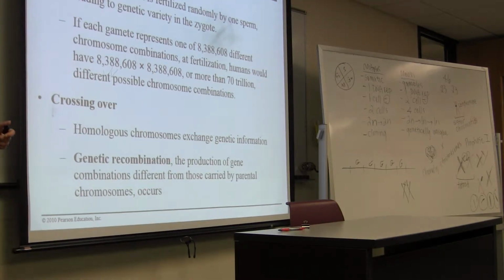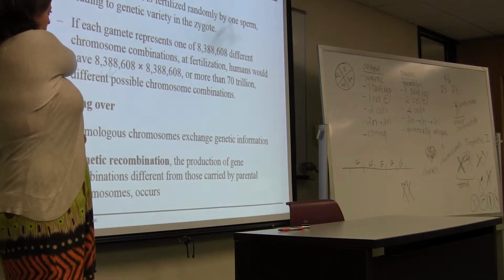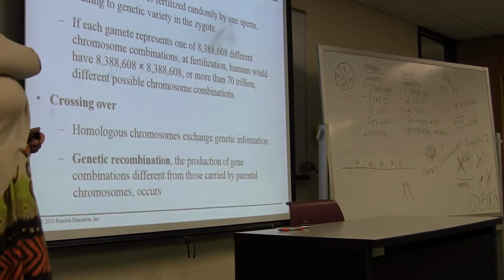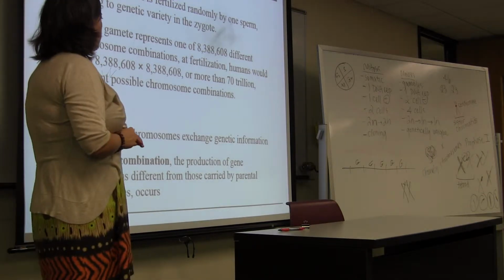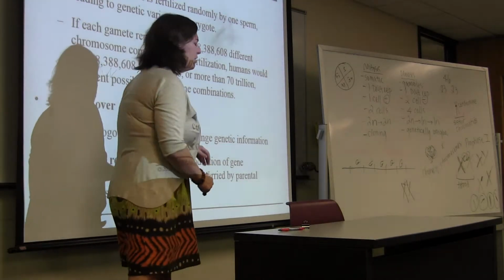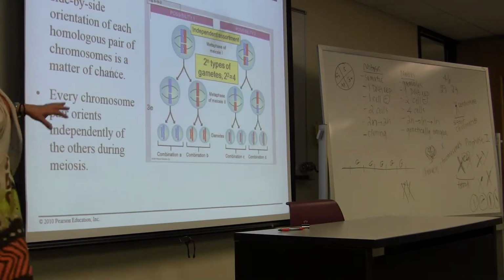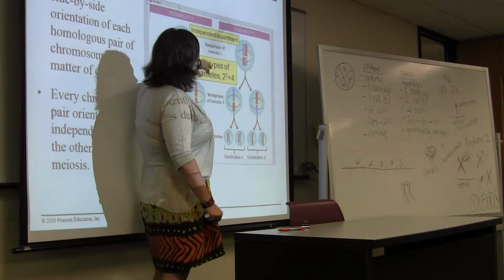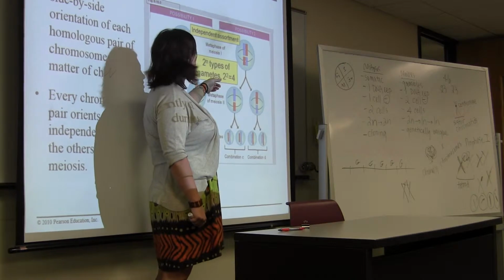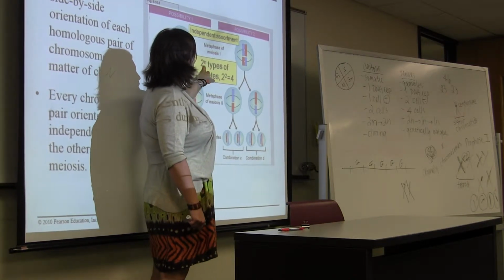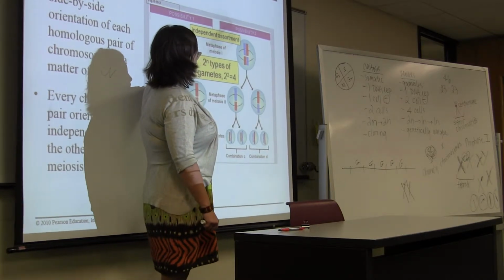And so there's actually a calculation that will allow you to calculate the various different combinations of possible offspring that you can get. If we actually go back to this slide right here, you can use this formula right here to determine how many different possible gametes there are. And so the N is representing the number of sets of chromosomes.